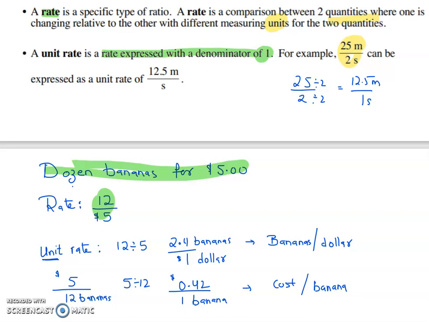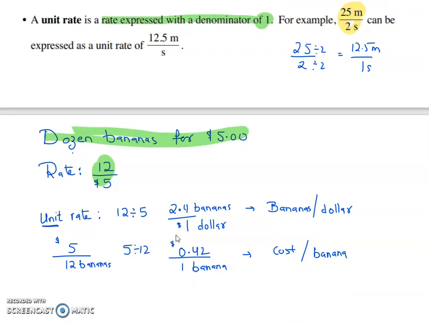I can use the same thing in comparison when we're shopping. Here we have 12 for $5, which means 12 bananas for $5. If I go 12 divided by 5, that's what we're doing right over here, it turns into 2.4 over 1. So now my denominator is 1.